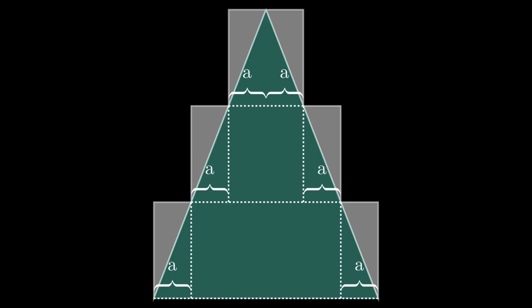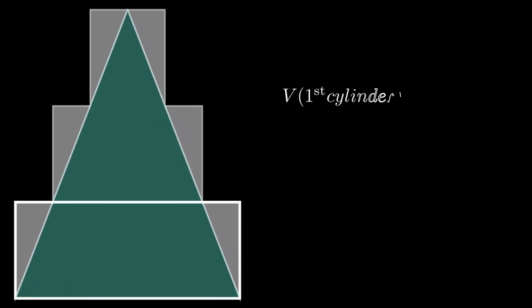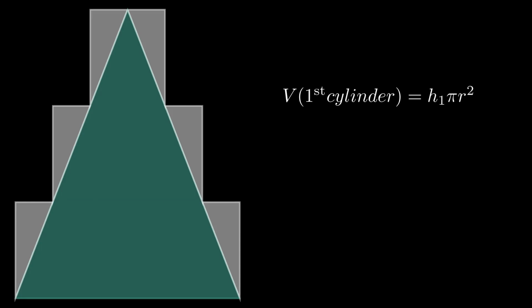Next, let's label the height and the base radius of the cone. Since there is one a for a particular side of each cylinder, n a's add up to be equal to r. Hence, the value of a is r over n. We can finally calculate the volume of the individual cylinders. The volume of the first cylinder is its height times pi r squared.